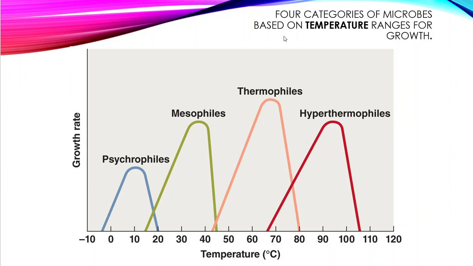Here's the temperature range. You've got these psychrophiles. Does that mean that these guys are like Silence of the Lambs? Not really. But look where they're at. They're at about 10 degrees Celsius, which is way below body temperature. That's just about the temperature of your refrigerator.